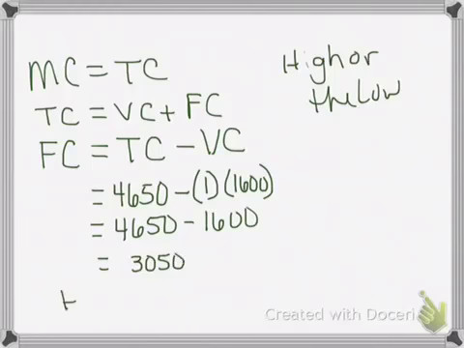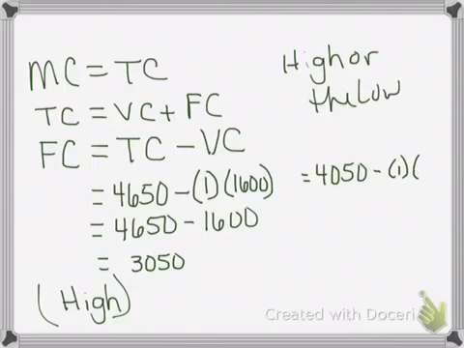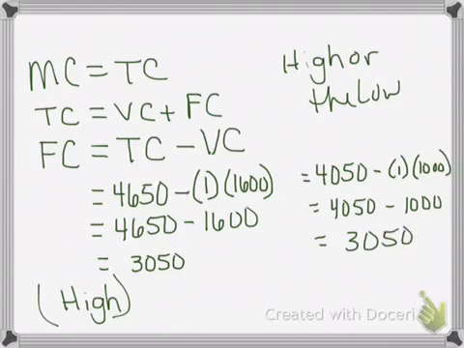Now this was using the high amounts. I can also use the low amounts and get the same thing, because if I used my low amounts, the total cost was $4,050, $1 per unit, and I had 1,000 units. So what I would have would be 4,050 minus 1,000, and therefore that would give me the 3,050, and that is using the low method.